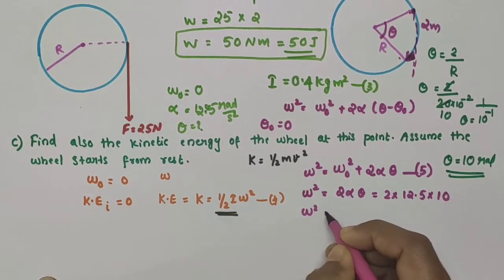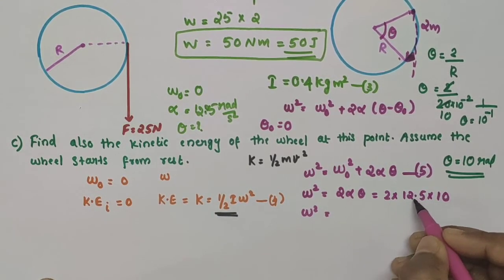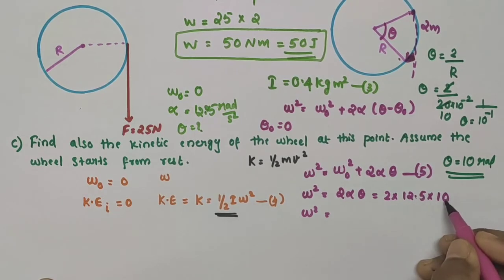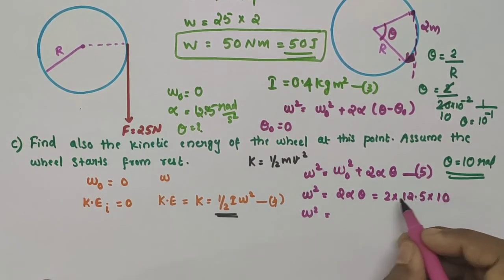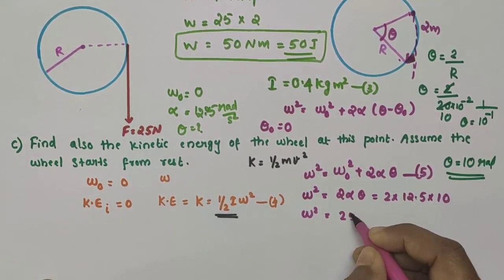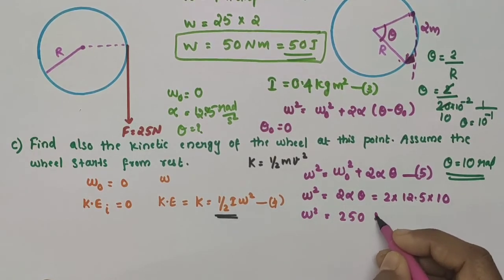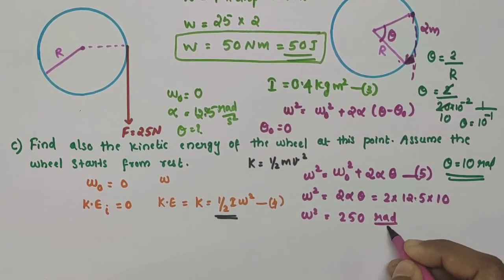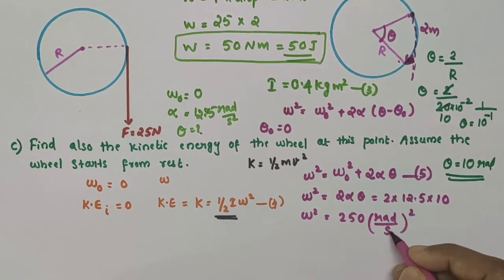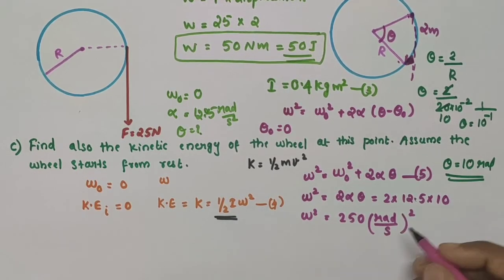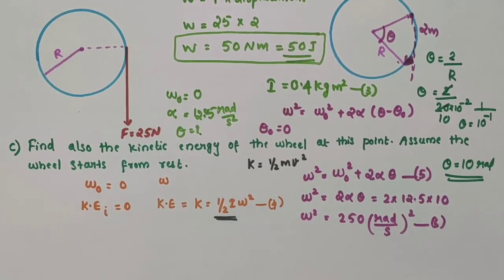So omega square is equal to 2 into 12.5 into 10. 12.5 into 10 becomes 125, and 125 into 2 is 250. This is omega square now. The unit of omega can be taken as radian per second, so omega square is radian per second, all squared. I am taking this as equation 6.